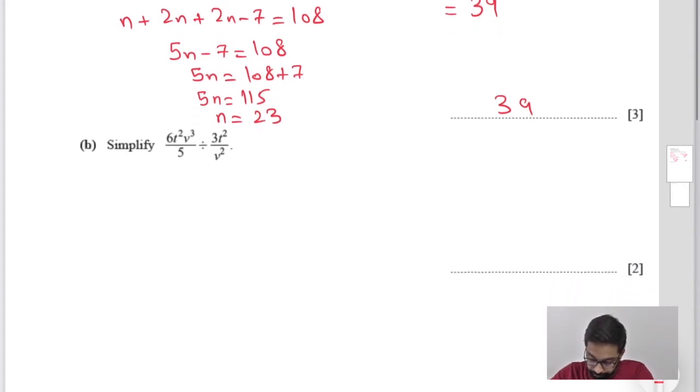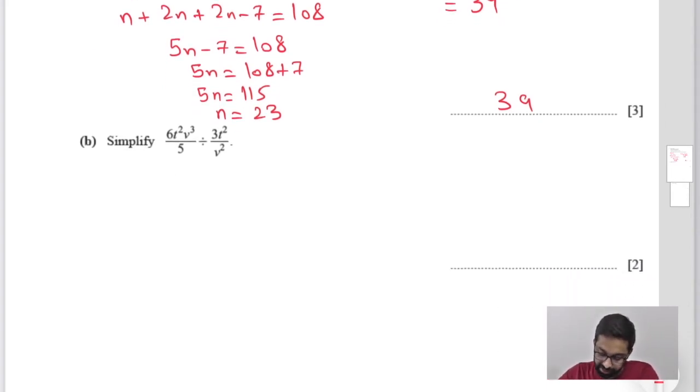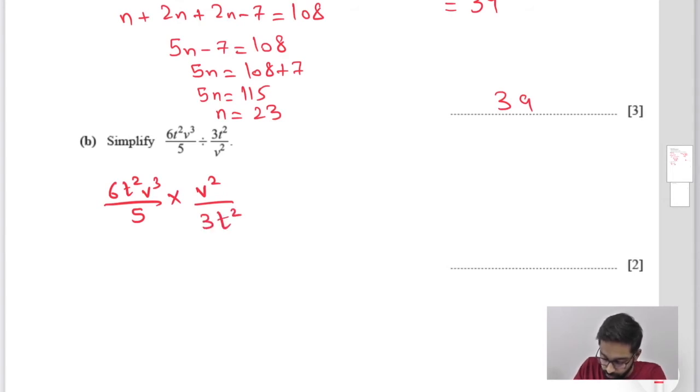Let's move on. The next question says, simplify this expression. 6t to the power of 2, v to the power of 3 divided by 5. The whole thing divided by 3t to the power of 2 and divided by v squared. The first step is you flip the second fraction and you multiply that with the first fraction. So you get 6t squared v cubed over 5 times v squared over 3t squared.